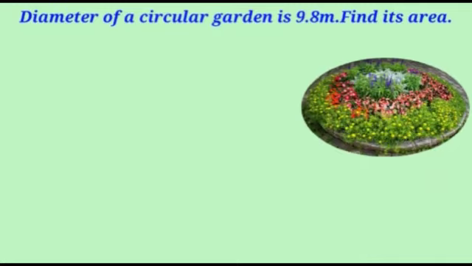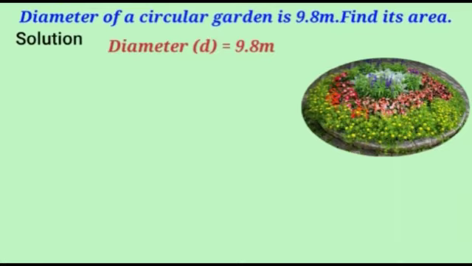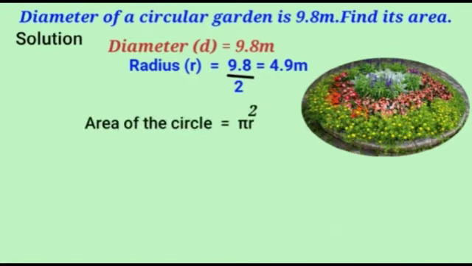Now let us consider the following example. Diameter of a circular garden is 9.8 meter. Find its area. Solution. Given that diameter is equal to 9.8 meter, we want to find out its area. Here radius is equal to diameter divided by 2. That is 9.8 by 2 is equal to 4.9 meter. We know that radius is equal to half of diameter.